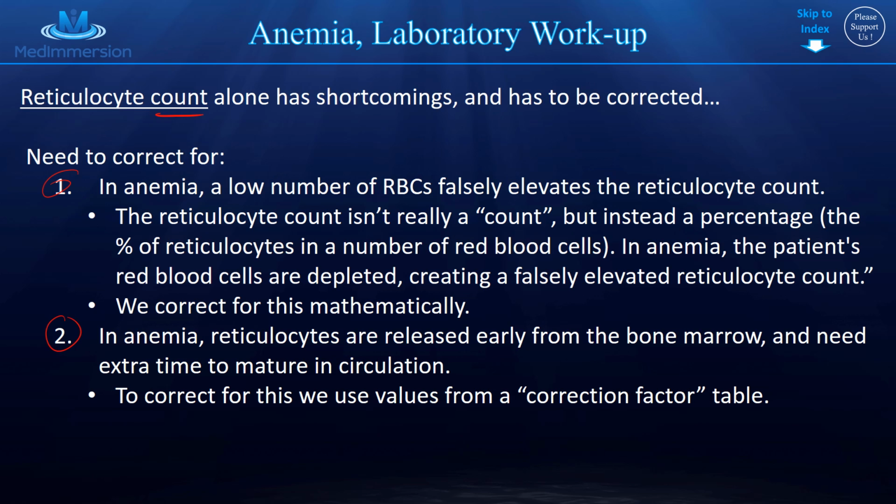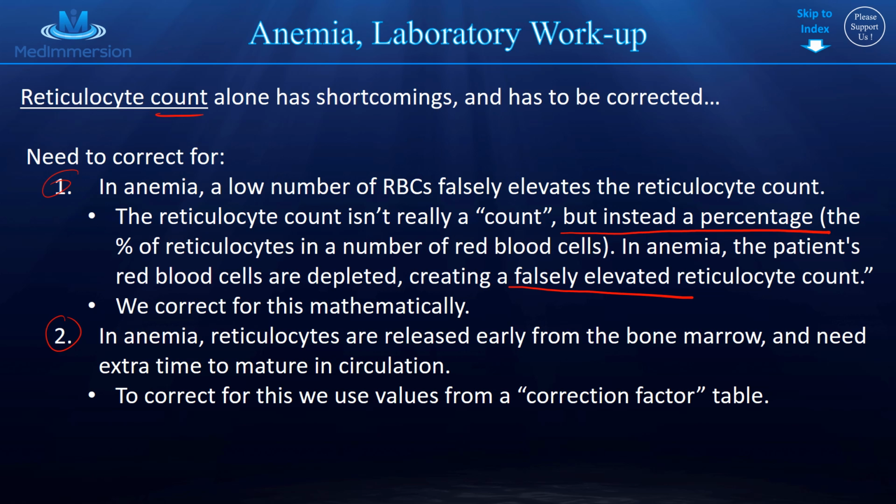The first one is that in anemia, by definition, we have a low number of red blood cells, right? And the reticulocyte count is a percentage of those red blood cells. So that gives us a falsely elevated reticulocyte count. We have to correct for that.